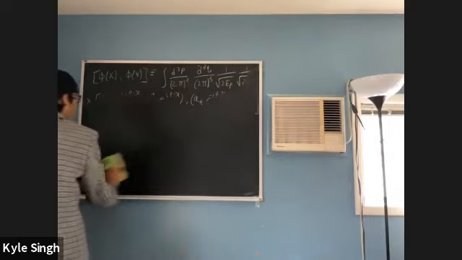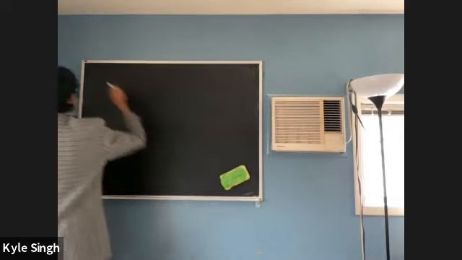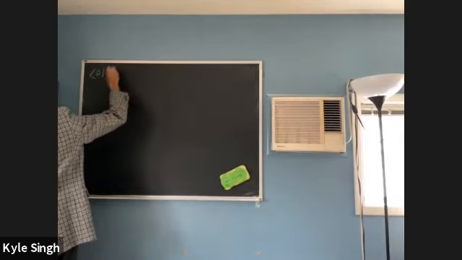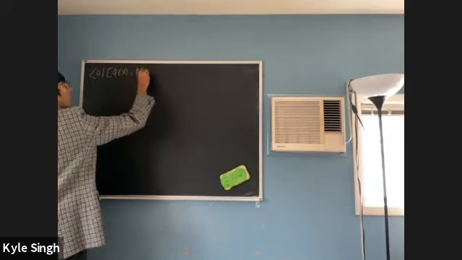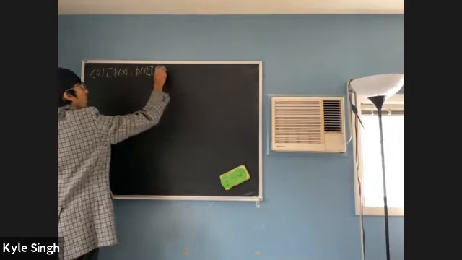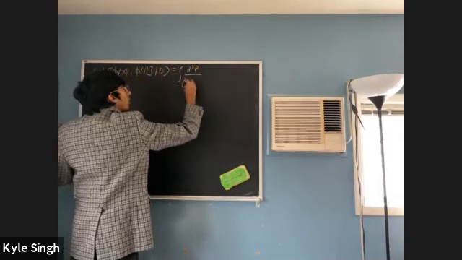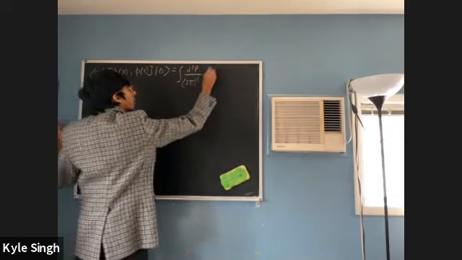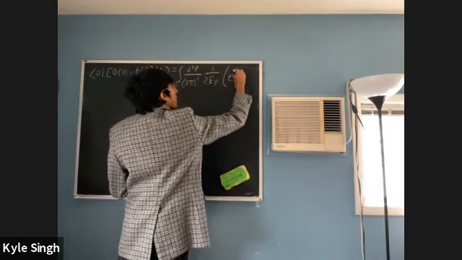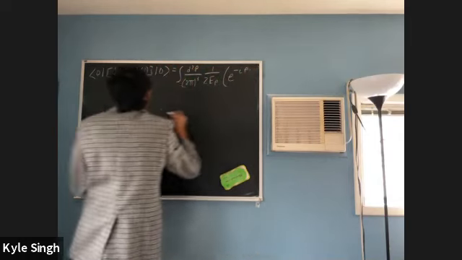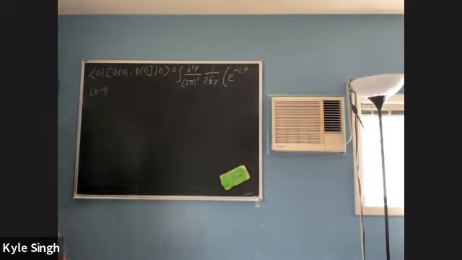Let me write that up top. So let's compute that now. We had the integral d3p over (2 pi) cubed, 1 over 2 E_p, e to the minus i p dot (x minus y).